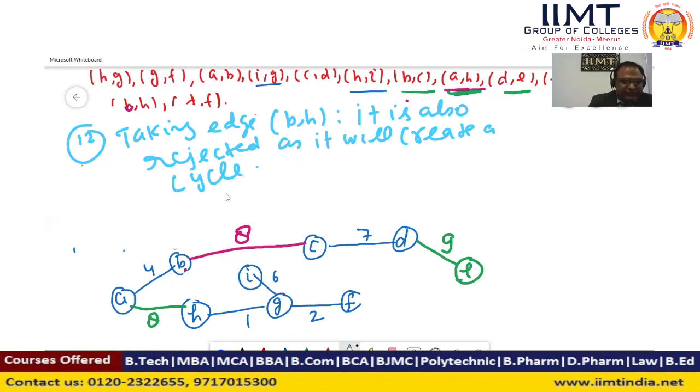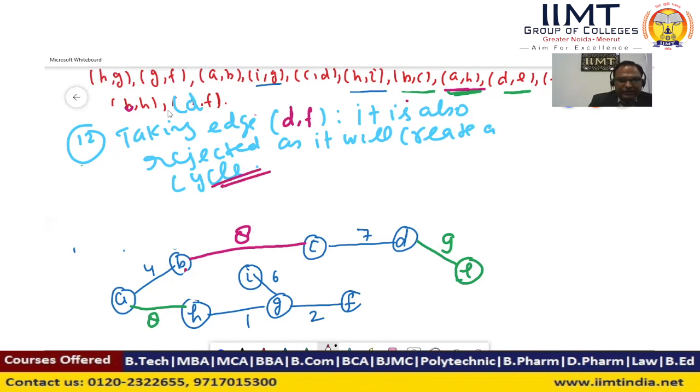The next edge is D comma F. This is D comma F. Can we take it? Where is D? D is here and F is here. If we take it, it will also create a cycle. So this is also rejected. When we write the edge D comma F, it is also rejected, and the output remains the same.